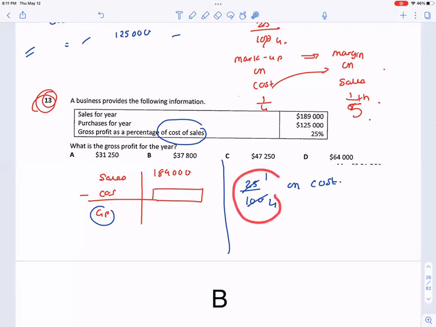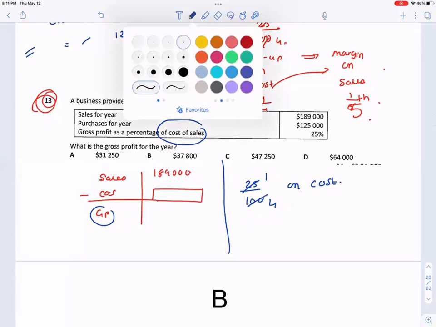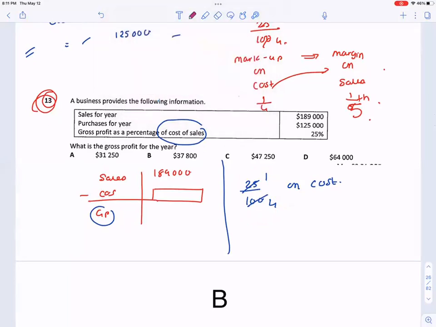25% on cost means it is 1/4 on cost. But do I have the cost? No. So on cost has to be converted to on sales.